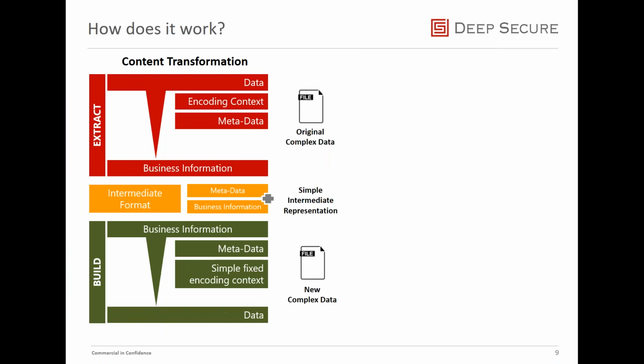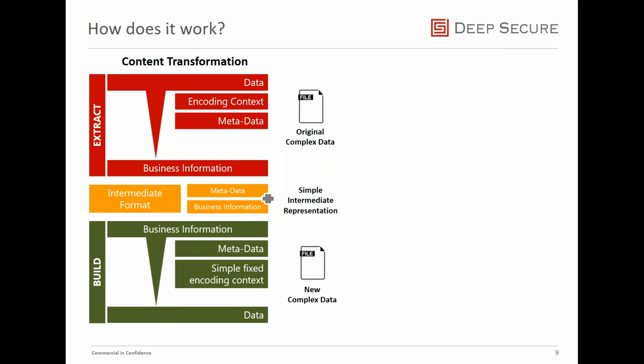Now, for those of you who'd like a little more technical depth, the process works like this. Incoming data is decoded to extract the business information. During this process, any encoding context is discarded. By encoding context, we mean irrelevant information such as the order in which content was added to the file. Much of the metadata associated with the file is also discarded.